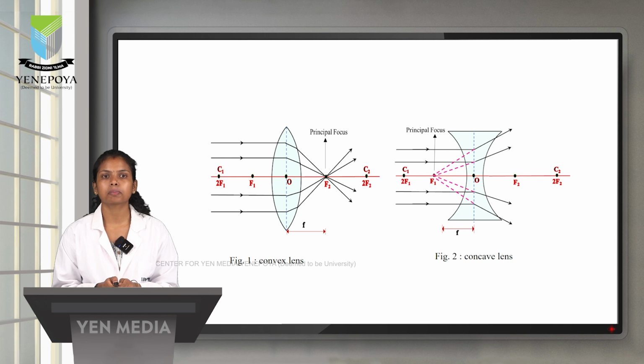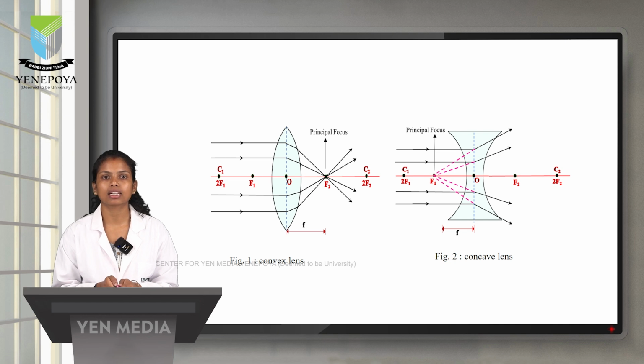It is a point on the principal axis to which the parallel rays after refraction from the lens converge in the case of convex lens and appear to diverge from in the case of concave lens, termed as principal focus, represented by the capital letter F. Focal plane. The plane which is perpendicular to the principal axis and passes through the principal focus is termed the focal plane.